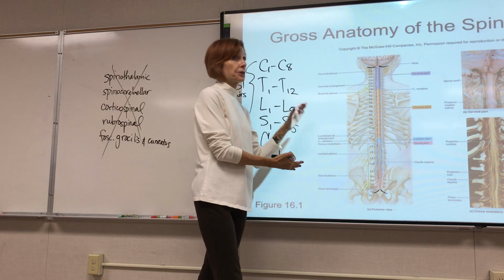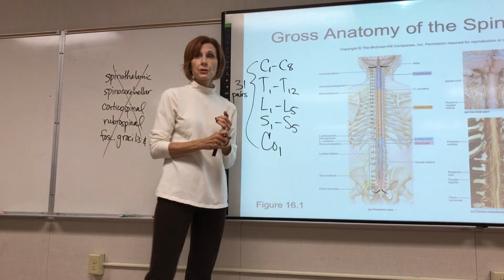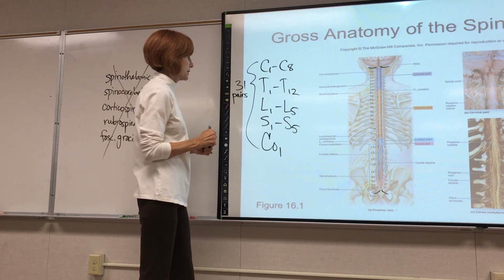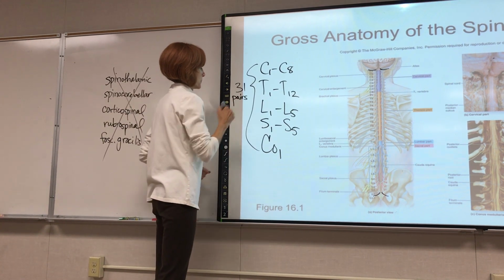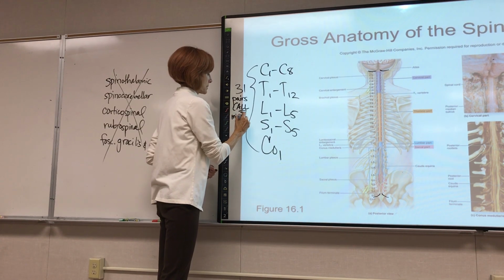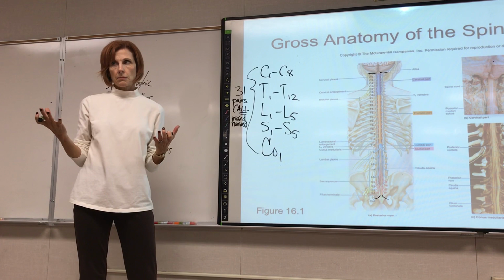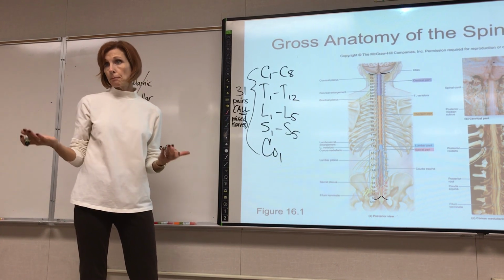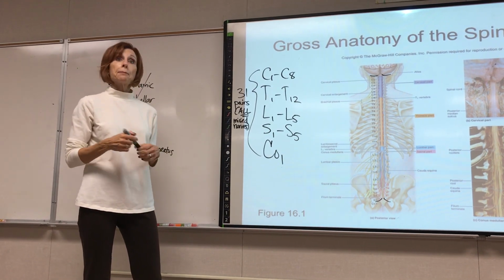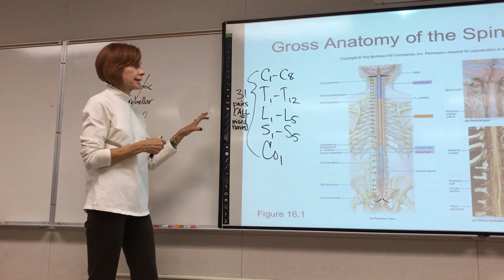All of our spinal nerves are mixed, meaning they all are both sensory and motor. Okay, so all of these, they are all mixed nerves. Actually, it's the most common type of nerve in the body is a mixed nerve. So that means that the action potentials are traveling both directions in that nerve.